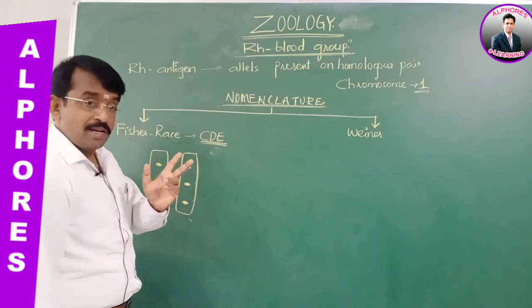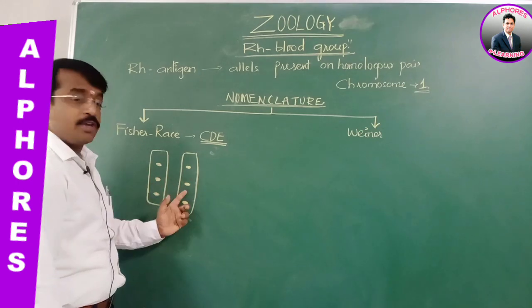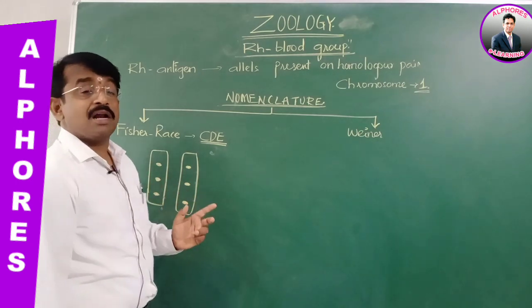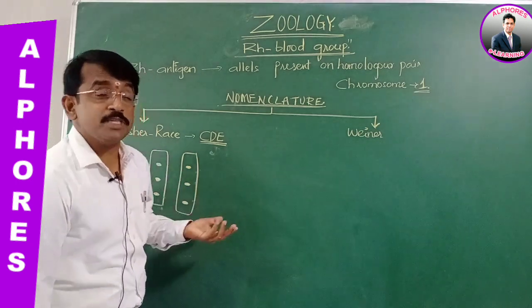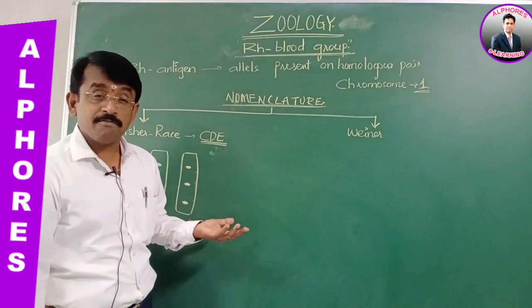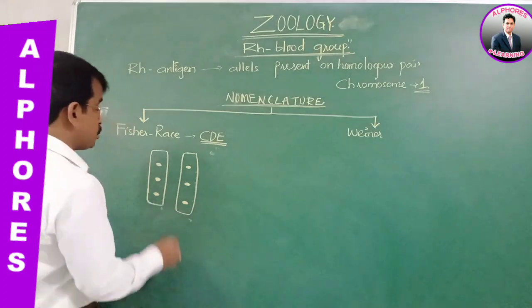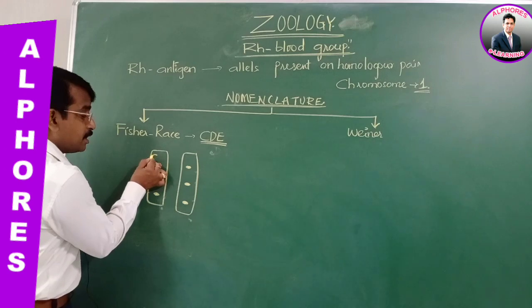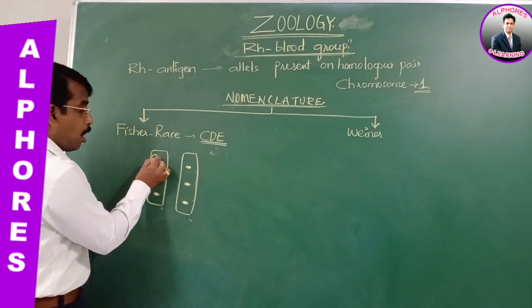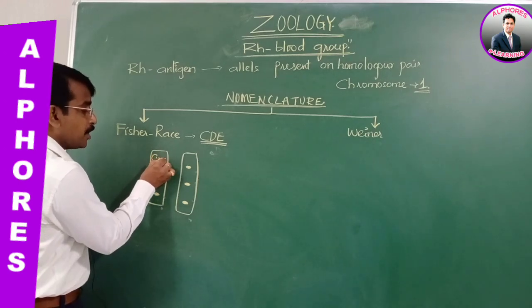Chromosome pair 1 has 3 different loci where there are 3 pairs of alleles. We see each gene has a pair of alleles. Look at here. It may be with capital C or small c.